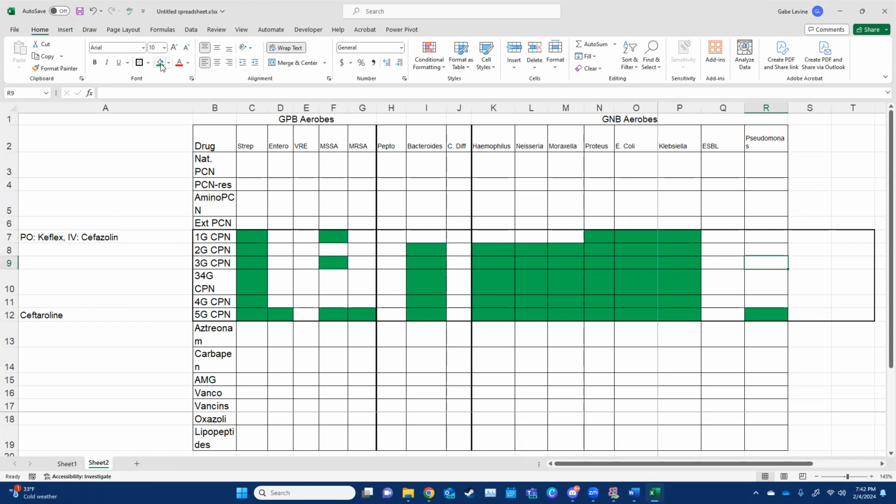Cefepime, which is that weird third, fourth gen one, definitely does. Fourth gen does. And some drugs in third gen do, depending if they're A or B. I think ceftriaxone does.